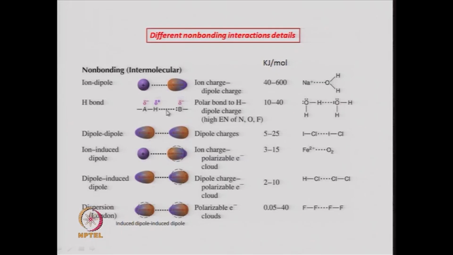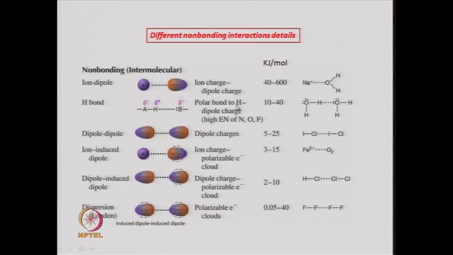This is the hydrogen bond commonly seen with compounds which have OH groups or have fluorine attached to the hydrogen, and these interactions have energy much smaller than the ion dipole energy.